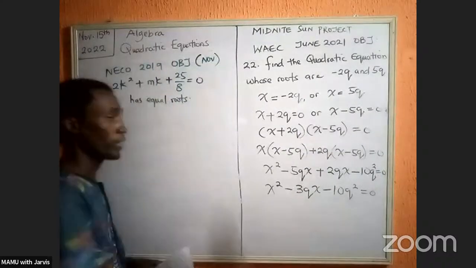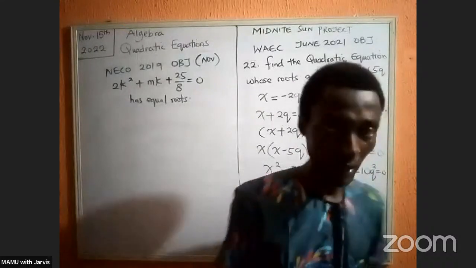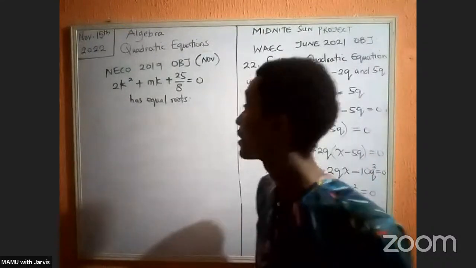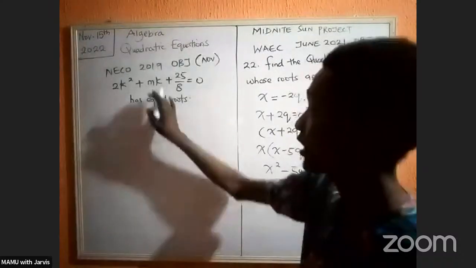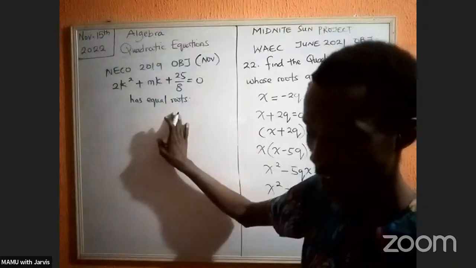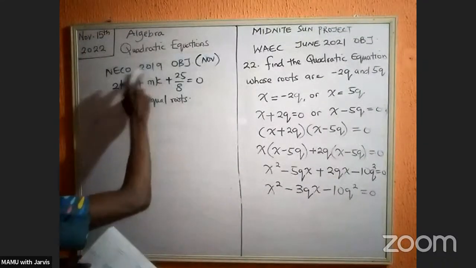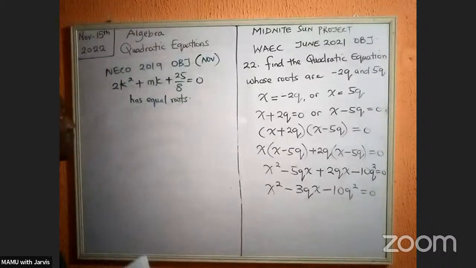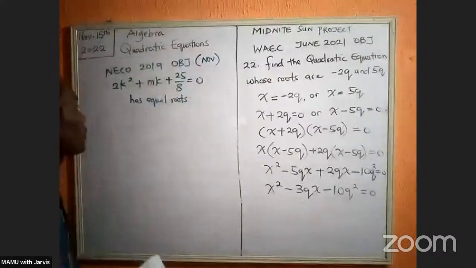The positive value of m, meaning that what that means is that if this has equal roots, we should find the positive value of m. It means that this value must be what? Positive. So how do we get a question like this?